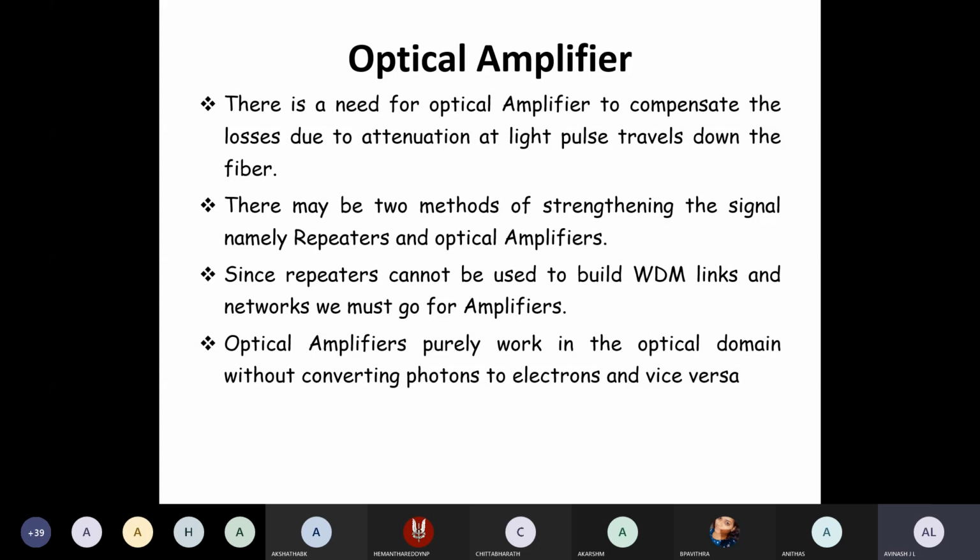If due to attenuation the signal is weak, boost it up. The repeater will make sure that this particular signal is the original signal only. That is one way of strengthening the signal.